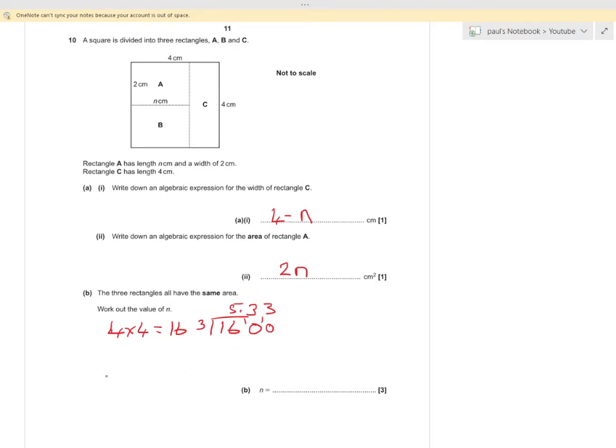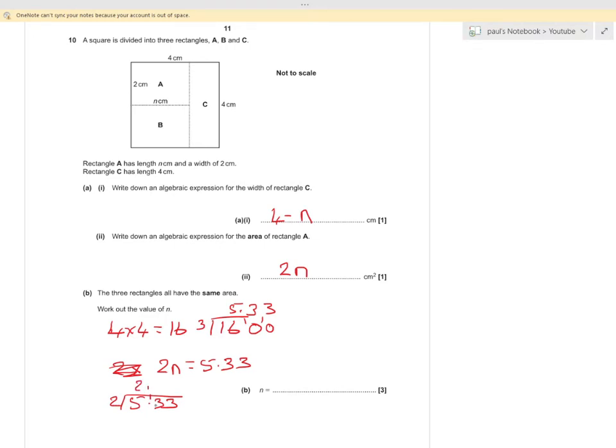So now we've got that to work out what n is. So 2n equals 5.33. So therefore 5.33 divided by 2 is going to be what n is. So 2's into 5 go 2, we're 1 over.